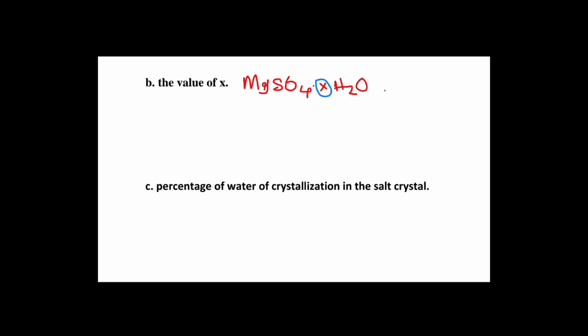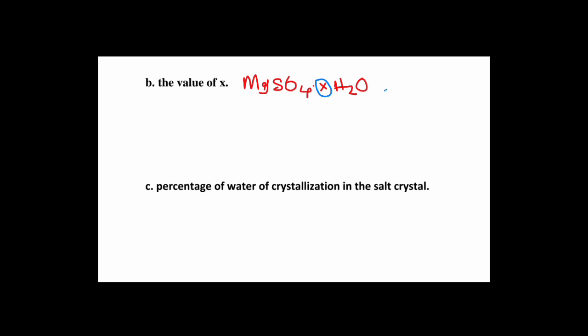Now, today, this is more concept. The question is for us to calculate and find the value of X. It is very simple. We are going to start. Remember the procedure we use when we are calculating the molar mass. That's the same procedure we are going to use now.